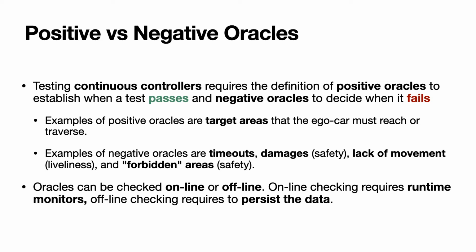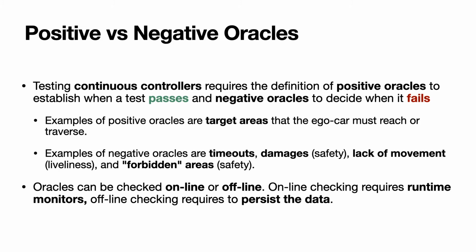Also crashes and damages to the car, lack of movement, and even unsafe or forbidden areas. For example, the car should drive without exiting its lane. So if it goes out of the lane, it's a forbidden area, and then the oracle will trigger the assertion, and the test will fail.